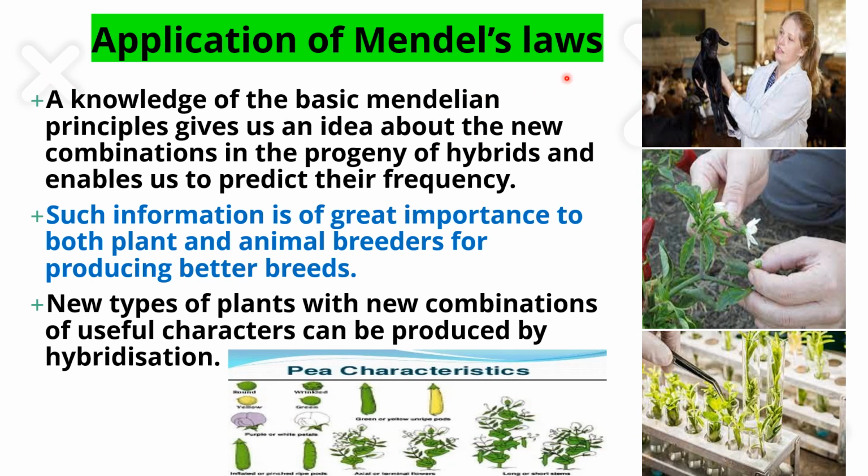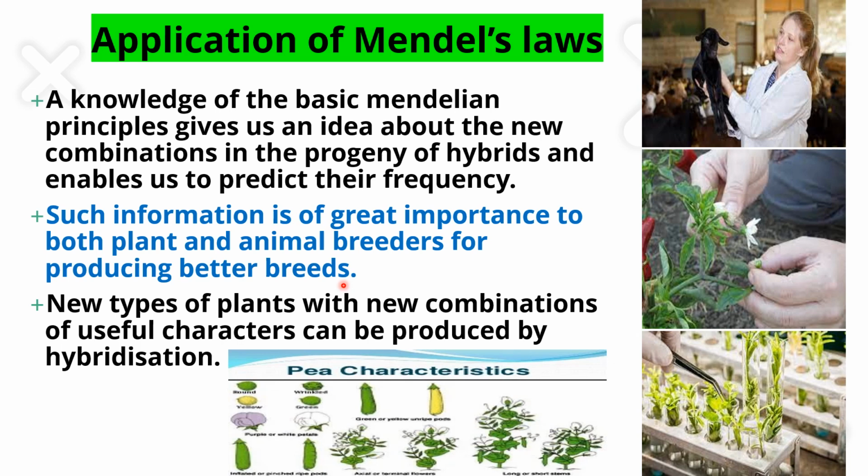Applications of Mendel's laws. A knowledge of the basic Mendelian principles gives us an idea about new combinations, very important, idea about new combinations in the progeny of hybrids, and enables us to predict their frequency. The next point, such information is of great importance to both plant and animal breeders for producing better breeds.